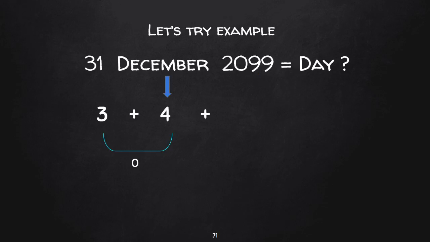The nearest leap year is 2012, which has a year code of 1. 1 plus 3 is 4. So the year code for 2099 is 4. That means, 4 is the weekday code for Thursday. So 31st December 2099 falls on Thursday.